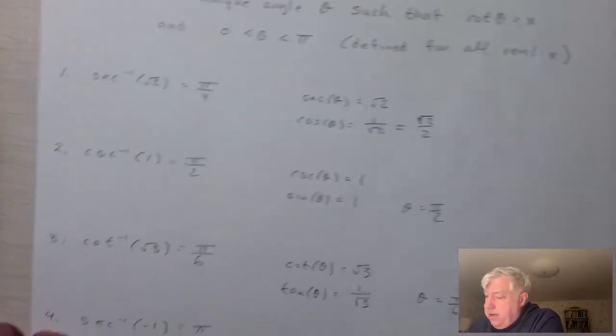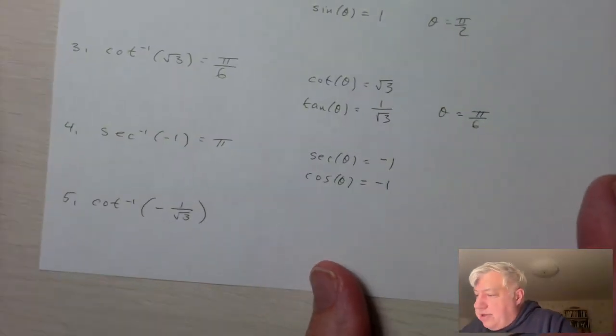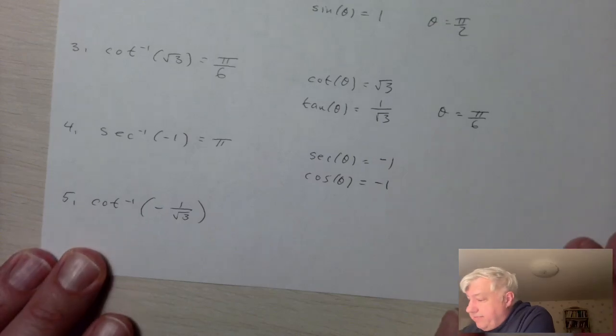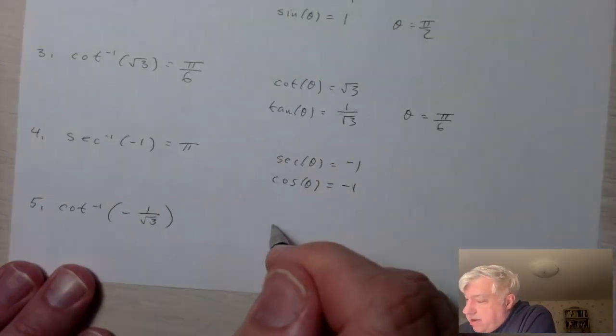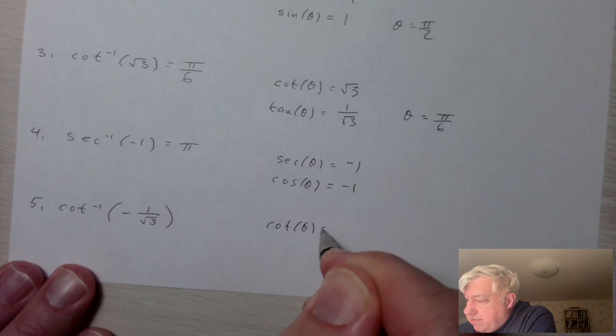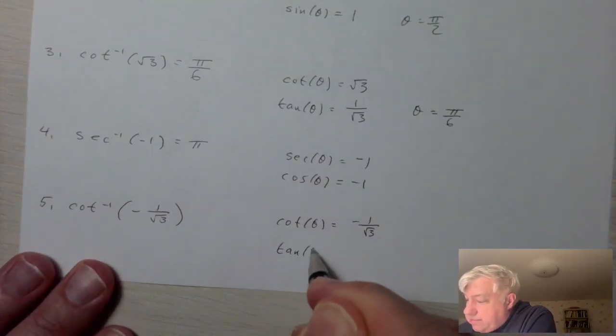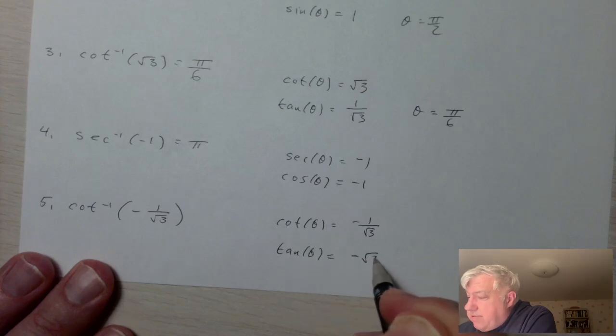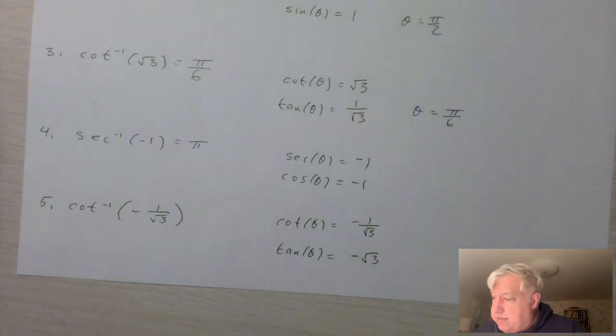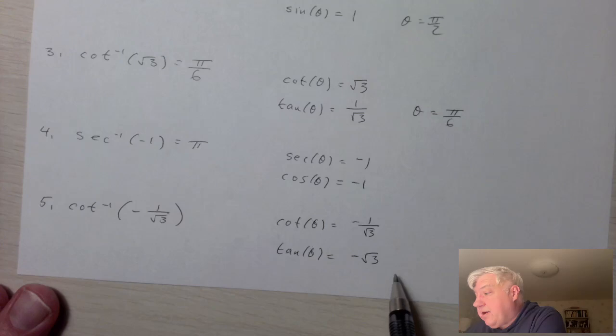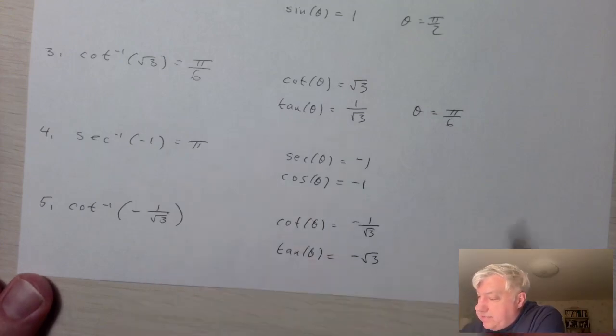And for the inverse cotangent of negative 1 over square root 3, we want the cotangent of theta to be negative 1 over square root 3. So the tangent of theta is equal to negative square root 3. That means theta has to be in the second quadrant, so it's going to be 2 pi over 3.